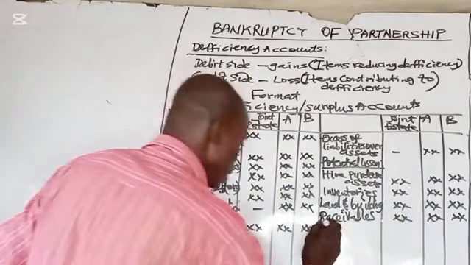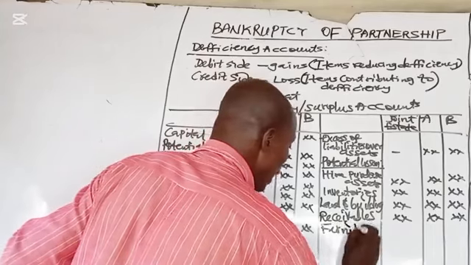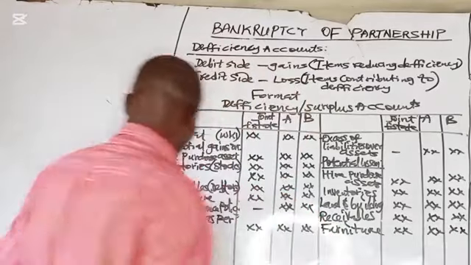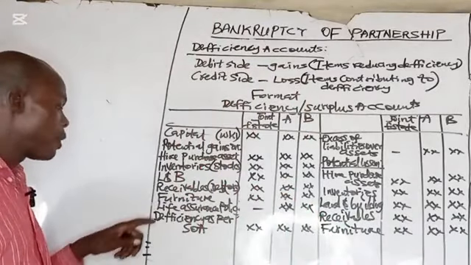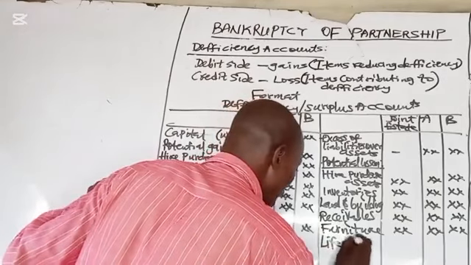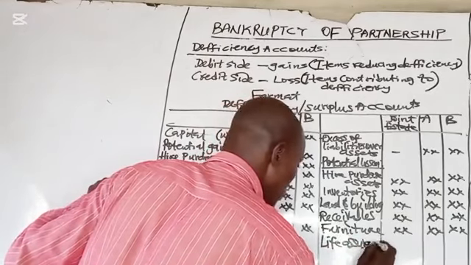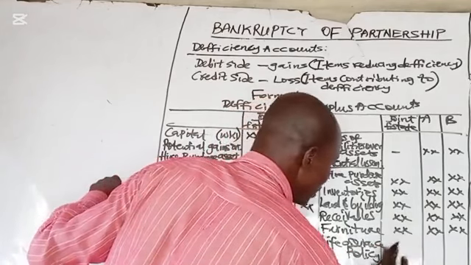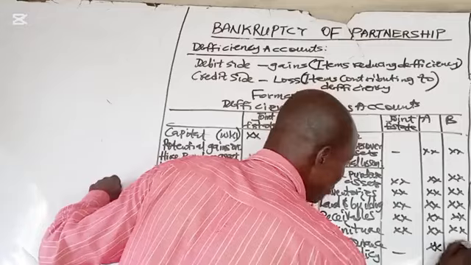Furniture, if the realizable value is lower. Then life assurance policy, if the realizable value is lower, then as you have for A and B.